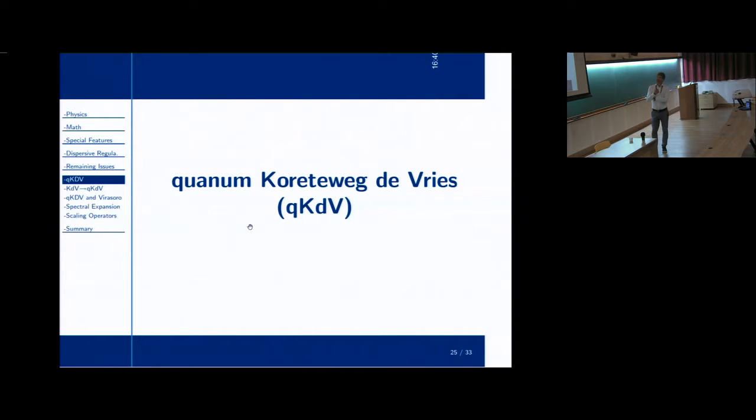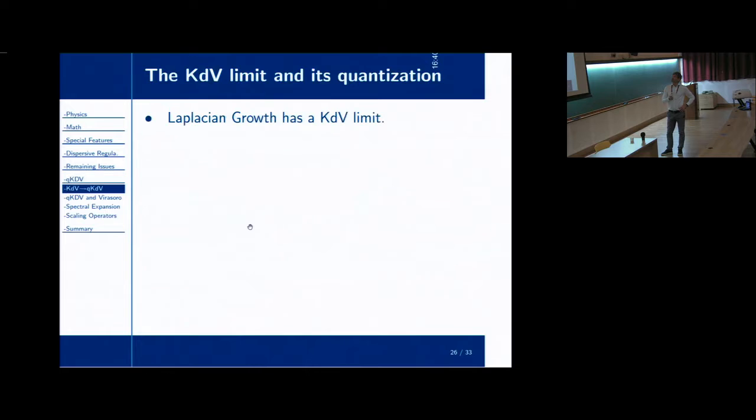And then the next question we can ask, beyond the formal relation of the quantum qKdV problem to the Laplacian growth problem, is what kind of objects in the quantum qKdV equation may describe the fractal dimension of the Laplacian growth problem?